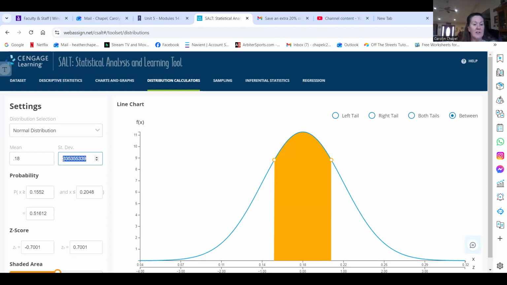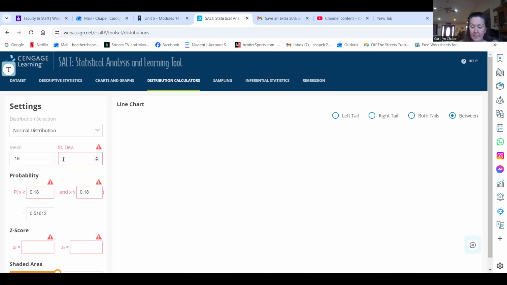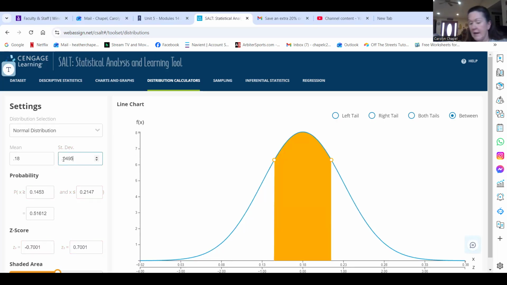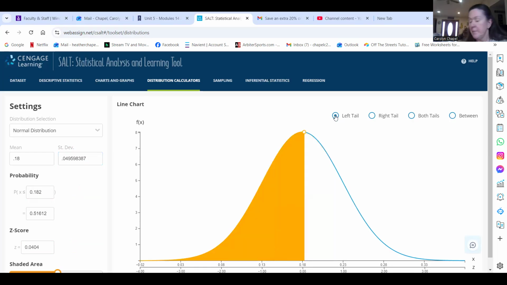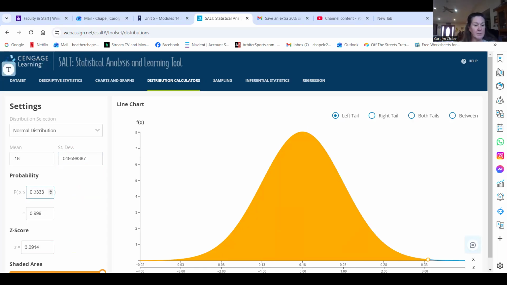The standard deviation was the square root of p times 1 minus p all over n, which was 0.04959837. Okay, and I wanted to do smaller than, so that would be a left tail. And 20 out of 60, which was 0.333, so I'll just do 0.3333, as many threes as I can.